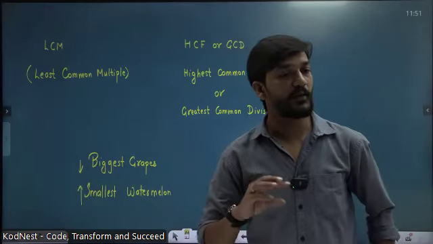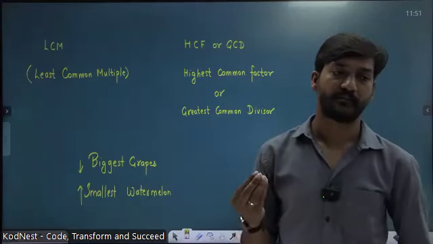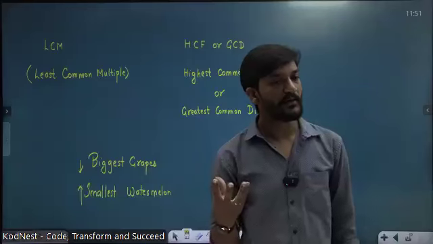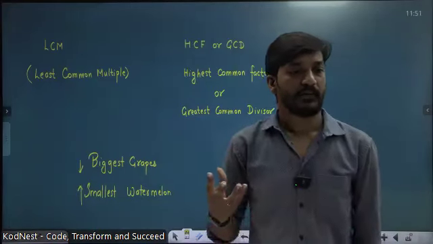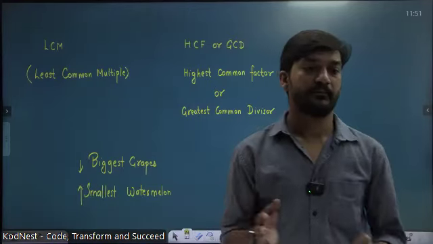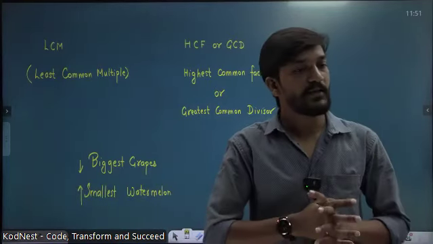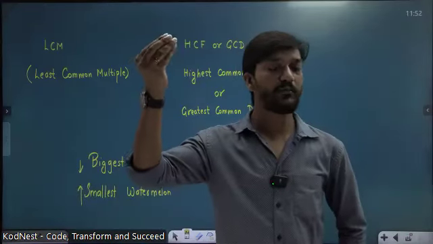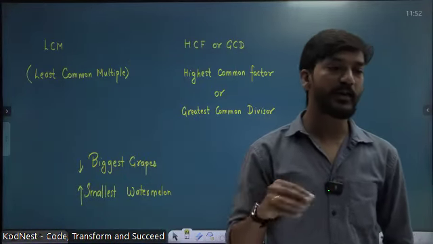What is greater, multiple or factor? Factor is greater? How come factor is greater? If you are saying factor is greater, that means your son or daughter will have more age than you.